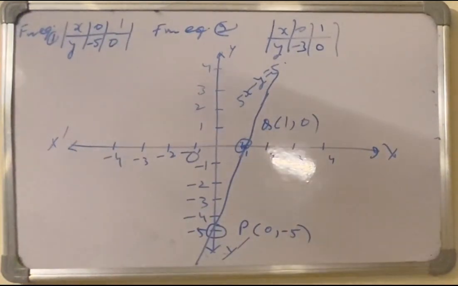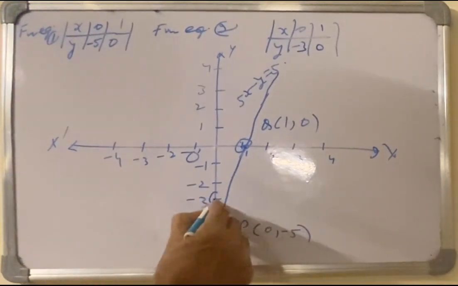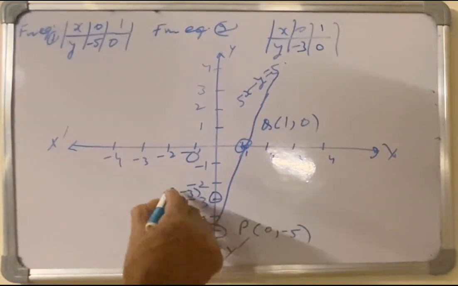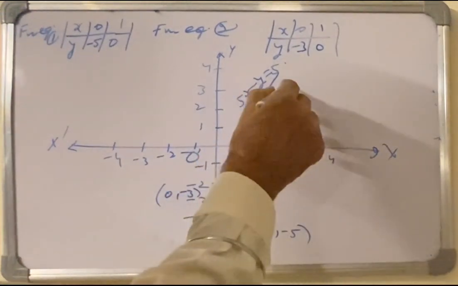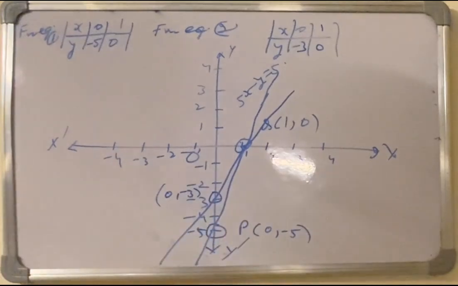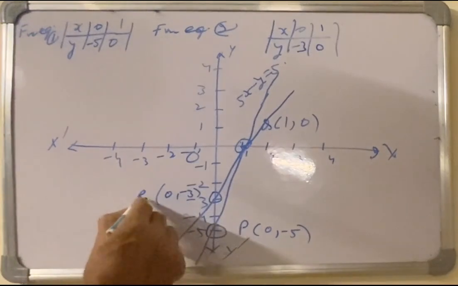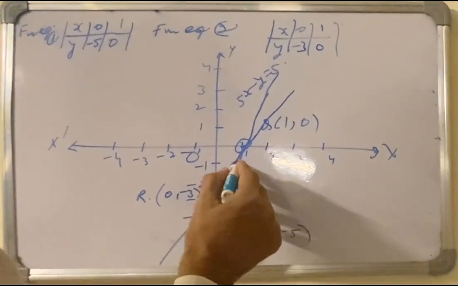Then second is x 0, y minus 3, it is this, (0, -3). And second is x 1, y 0. We join these, it is this one. So first line is PQ, second is RQ.